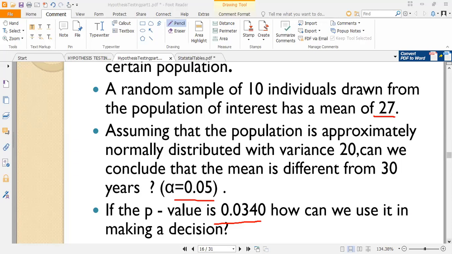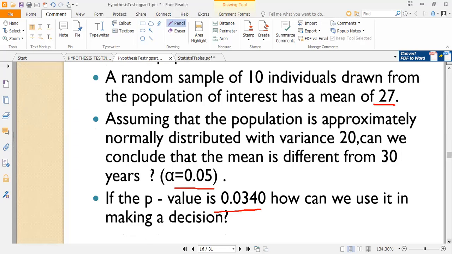Quickly. Our mu has no sample size attached to it. Our x bar has a sample size attached to it.